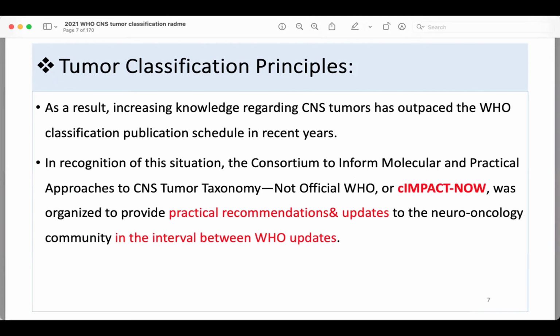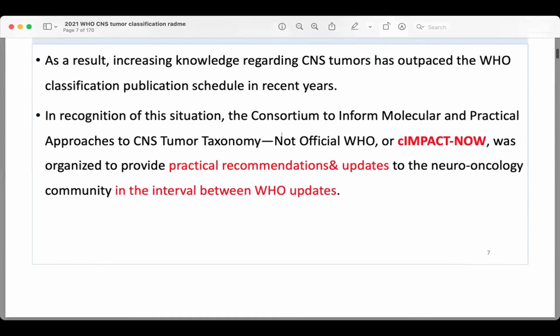And now there is a huge increase in the knowledge and the investigations. And meanwhile there are new types and new things they can discover between these 5 years' editions. So there was a need for yearly updates about the new techniques or new tumors that have come between these 5 years.